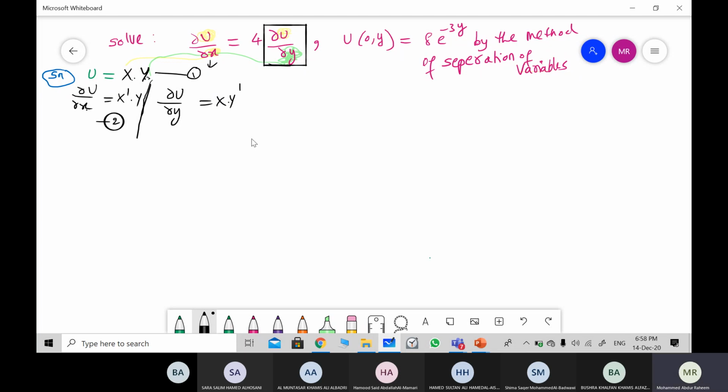Say 2, say 3. Put 2 and 3 in the given equation, star.